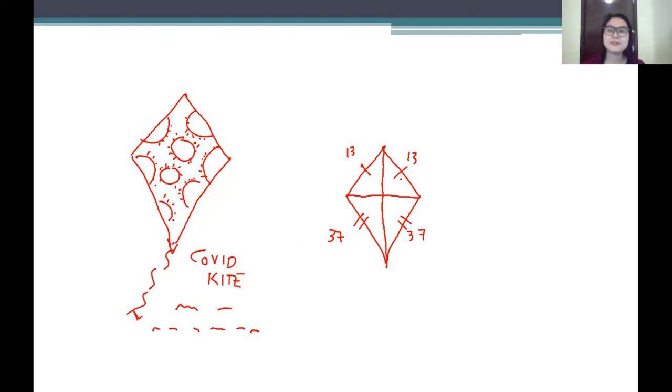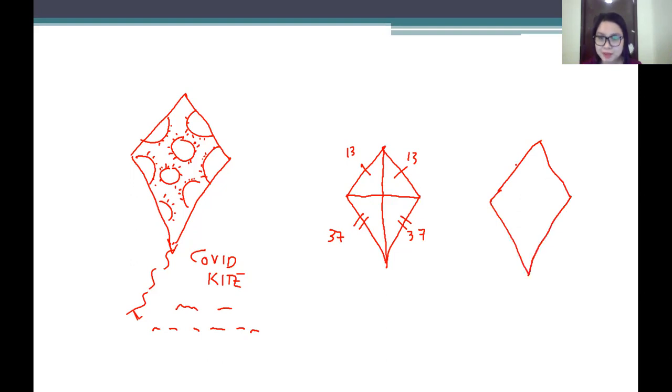Here's a hint. Number 1, you can scale it with a ruler. You really draw a kite, measure it with a ruler, and you can have the exact measure of each diagonal. But here's also another way to do it mathematically. Let me draw my kite first.